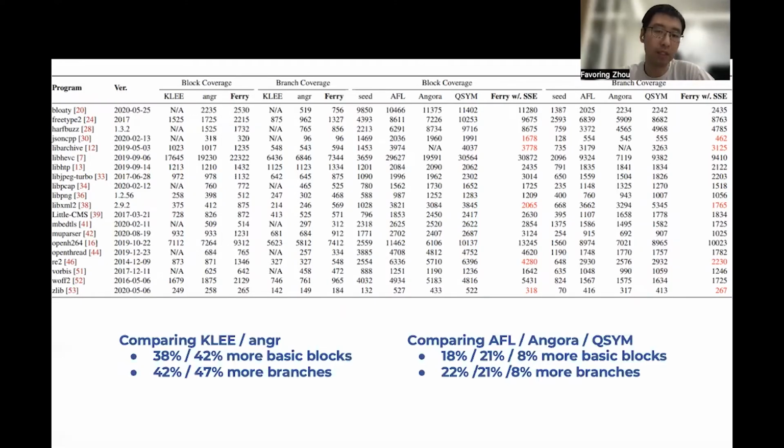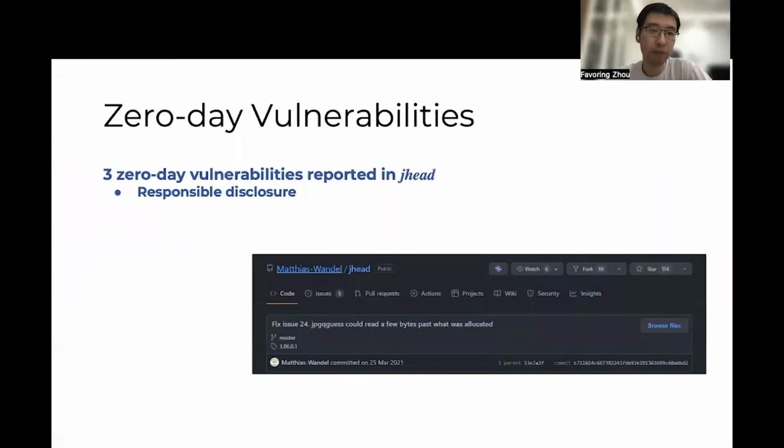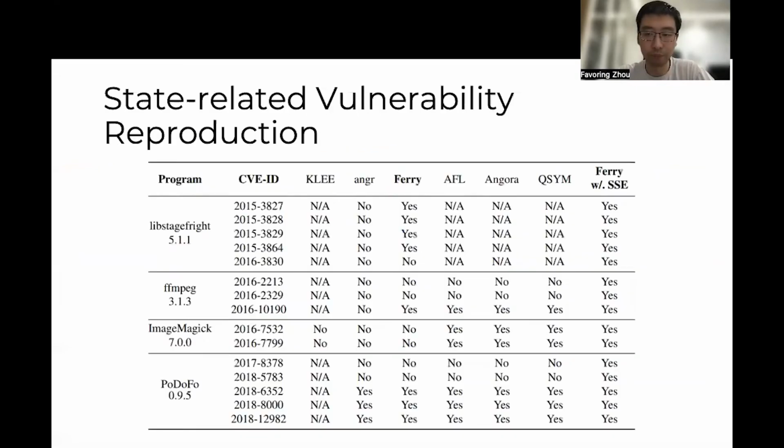And compared with existing fuzzing tools, given the same seeds, Ferry is able to cover more basic blocks and branches. During our evaluation, we successfully found 3 zero-day vulnerabilities. We have followed responsible disclosure, and all these vulnerabilities have been fixed before the publication of this paper.